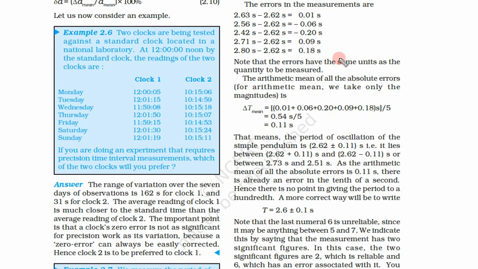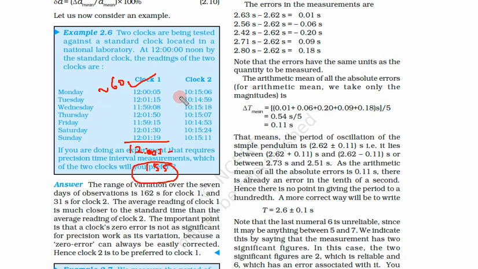Another way is, as we have done for absolute error, first we calculate the mean time. Let us say the mean time comes out to be 12 o'clock something. Then we take the difference of each and every time from this mean time. We calculate that in seconds, let us say 15 seconds, 10 seconds, and then we get the average error. Let us say the average error comes out around 60 seconds in this clock.